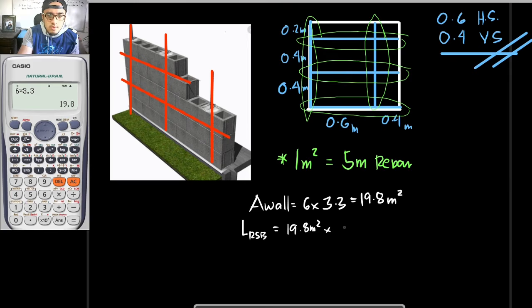So, this is to be 5 meters of RSB for every 1 square meter of wall area. So, meter squared would cancel out. So, multiply natin to by 5. So, we would be having an answer of 99 meters.